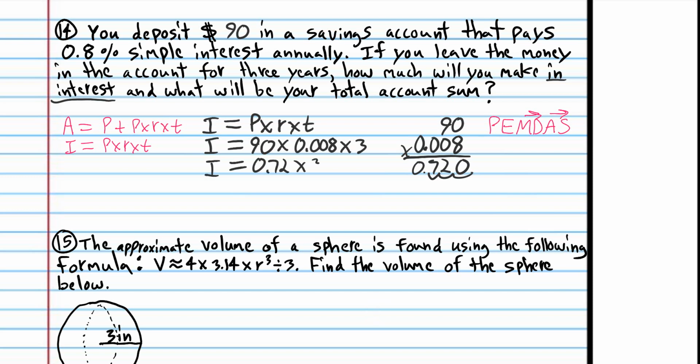So it becomes 0.72 times 3. Now all we have to do is multiply 0.72 times 3, and we get 2.16.